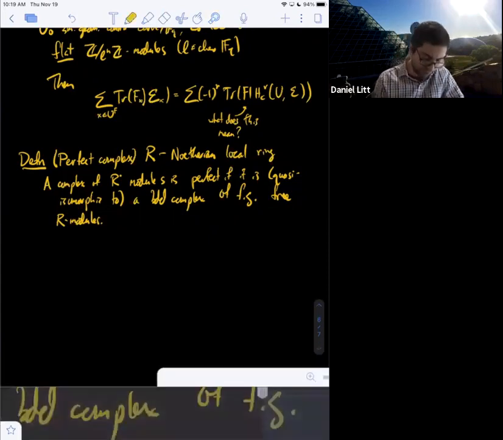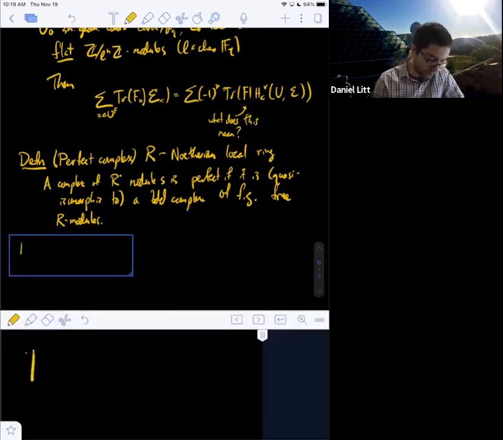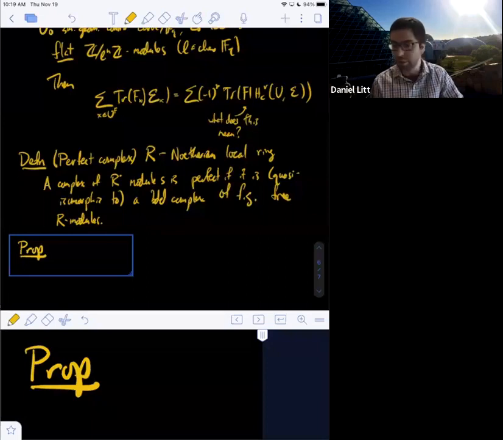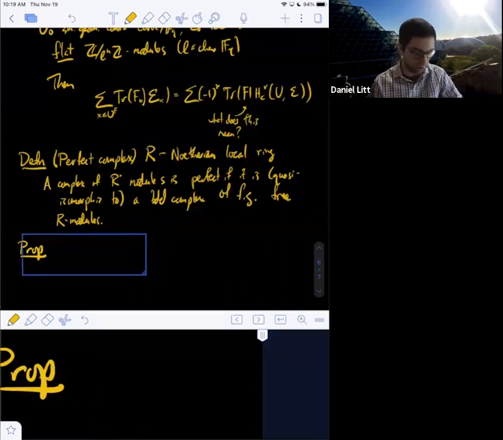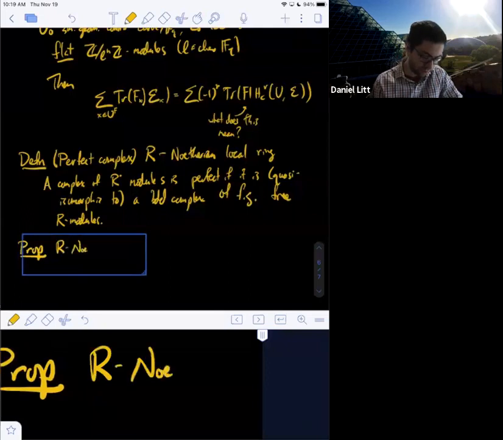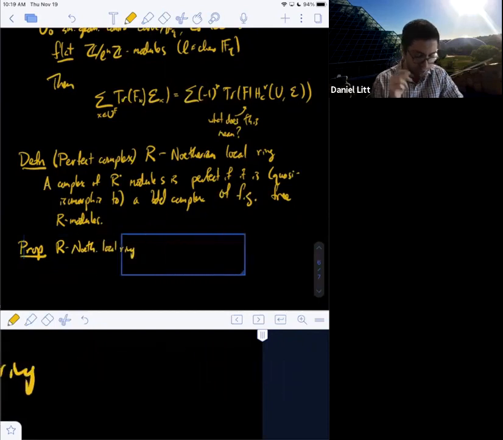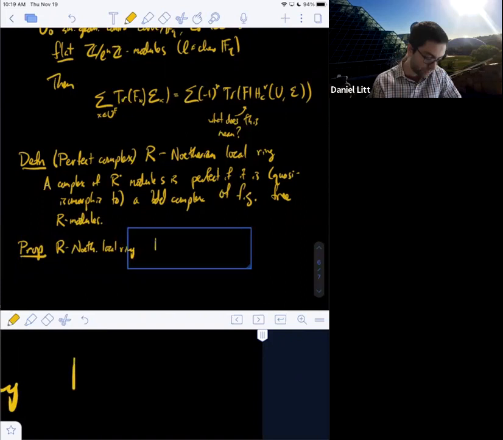Okay, so let me explain the main homological algebra proposition that tells us that traces make sense. As before, R is a Noetherian local ring. When I say ring, by the way, I always mean a commutative ring, in case that wasn't clear.